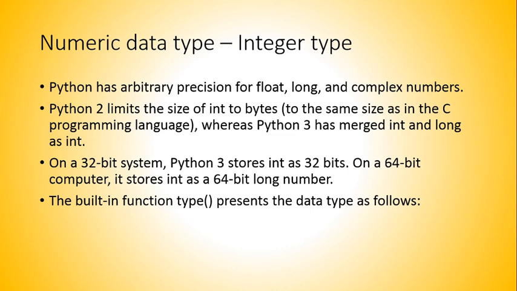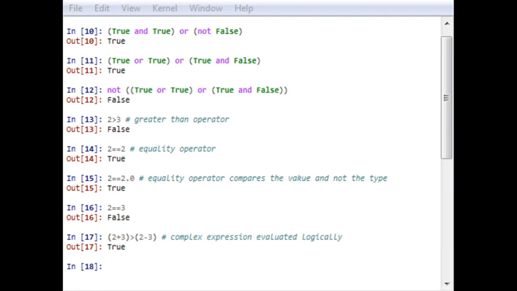So the built-in function type is used for data type. We can also check it here. For example, in my code, I am going to write in Python and check the type of the object. First we will clear the screen.